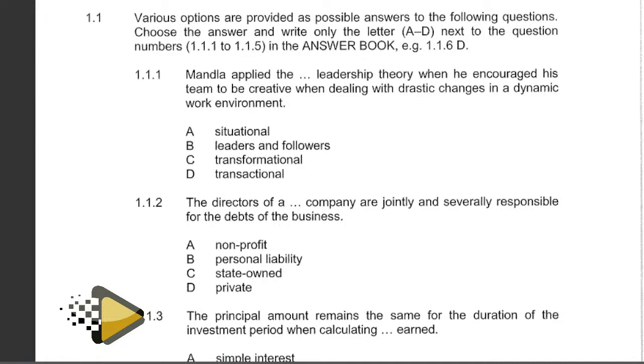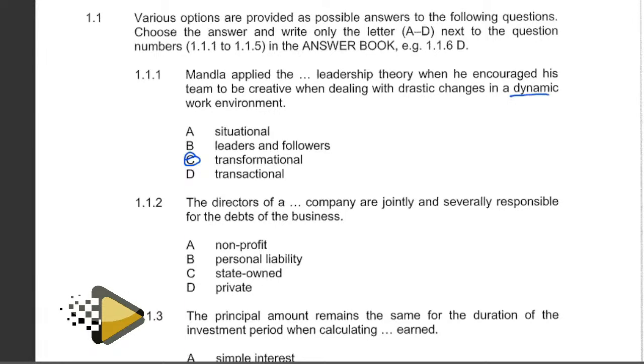So now, as I said earlier, you should compare, or make sure that you match all the given options. So now, if we check here, the appropriate answer is going to be C, because C is the one that allows for a dynamic or some changes. So that is why we are saying that transformational leadership theory will be the appropriate answer for this question.